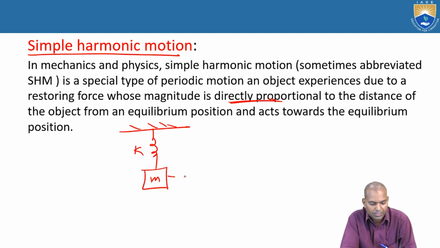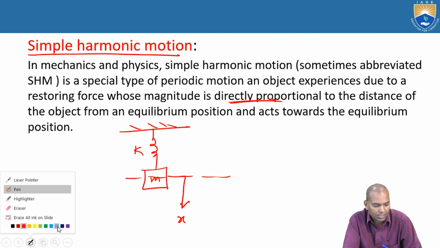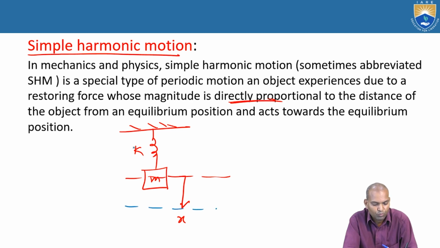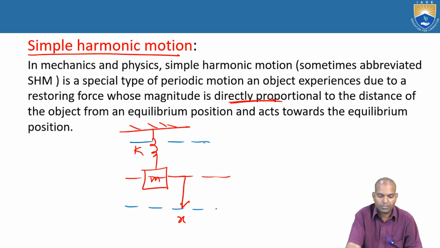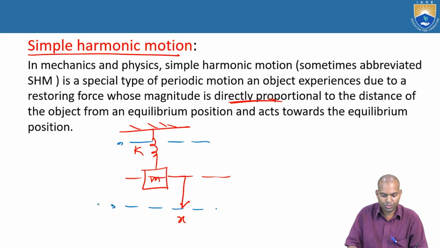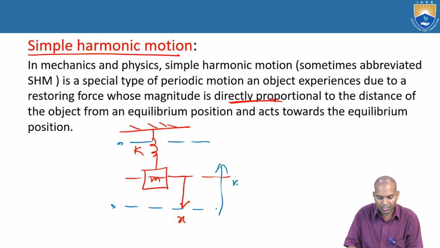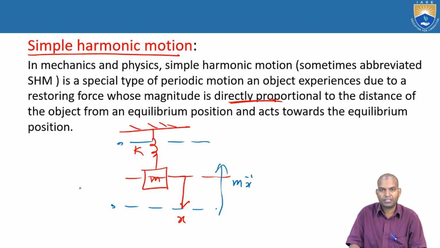mass and stiffness, when it is having a displacement x. If you give an initial displacement, the spring moves, it is an up and down motion from this position to this position, and this oscillation is taking place. Now the mass, what is that acceleration? The inertia force is m into x double dot.